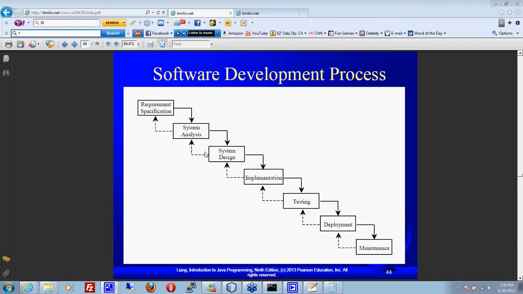So this is what we call iterative, and the opposite of iterative is the waterfall. And waterfall is basically one way. You only go this way. Iterative is two ways, and it's usually two ways between testing and system design and implementation.